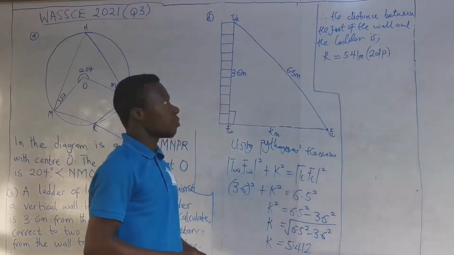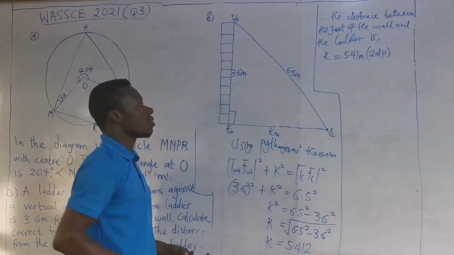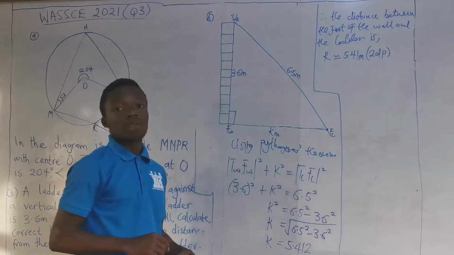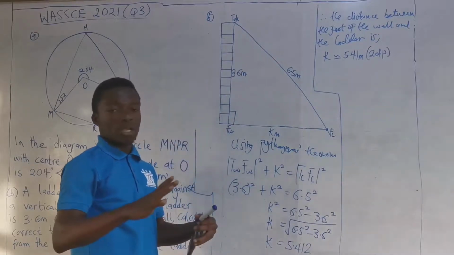So that is what we need to do after getting the distance between the foot of the wall and the foot of the ladder, which is equal to 5.41. So that is the whole idea.